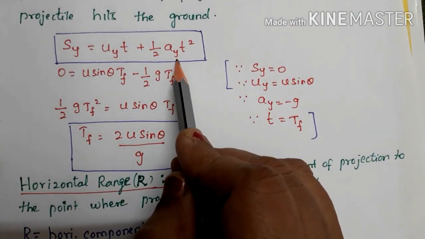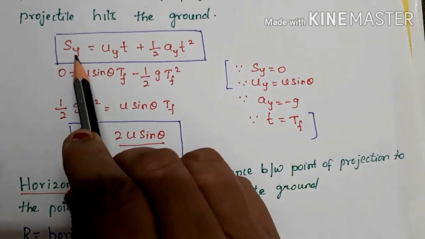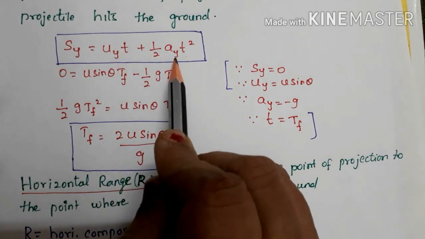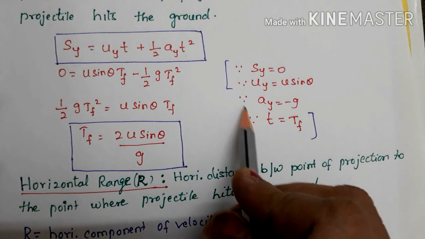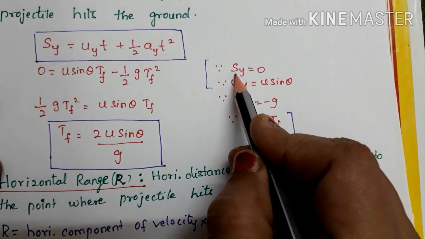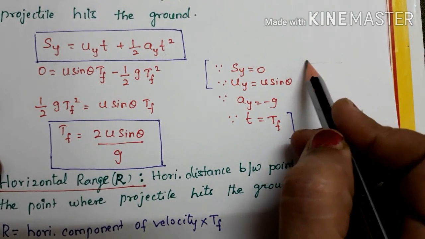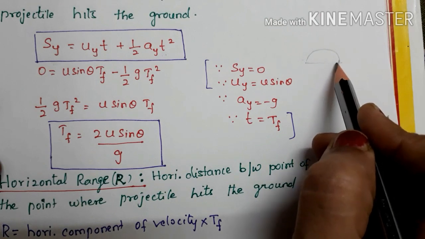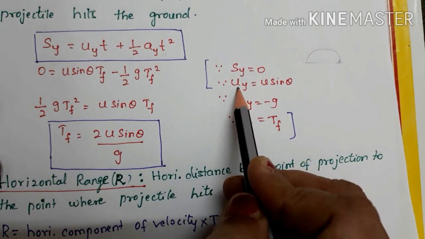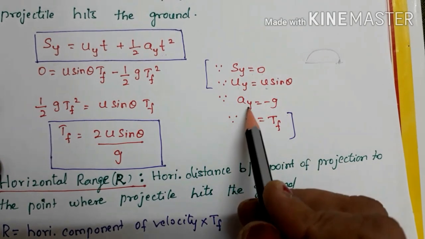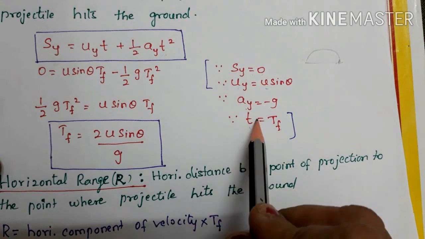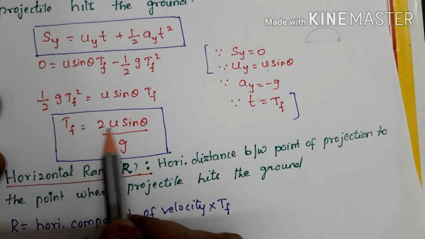To calculate time of flight, you consider Newton's equation, with displacement along the y-axis and initial velocity along the y-axis. When the projectile reaches the ground, there is no vertical displacement, so sy you will write as 0. uy, the initial vertical velocity, is always u sin theta, ay will always be minus g, and t is the time of flight. If you substitute these values in this equation, you will get time of flight is equal to 2u sin theta by g.